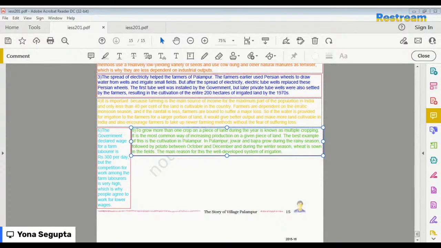Next is number 9. Describe the work of a farmer with 1 hectare of land.